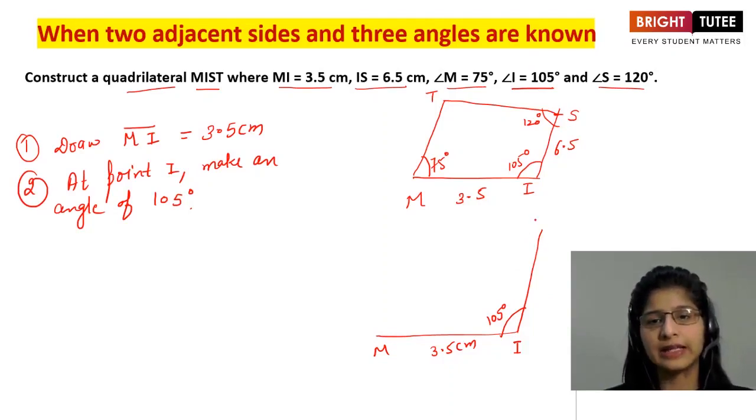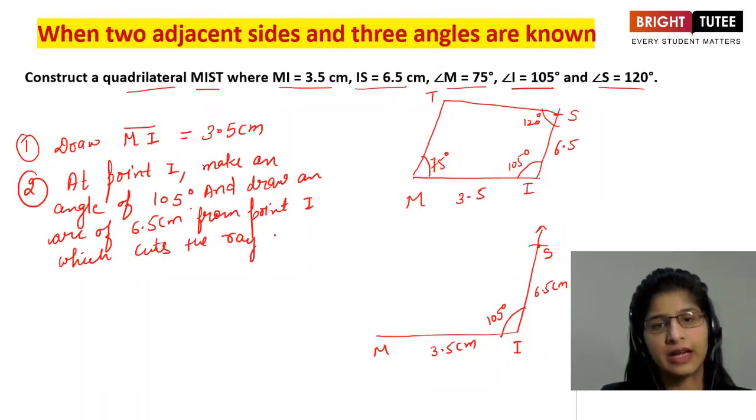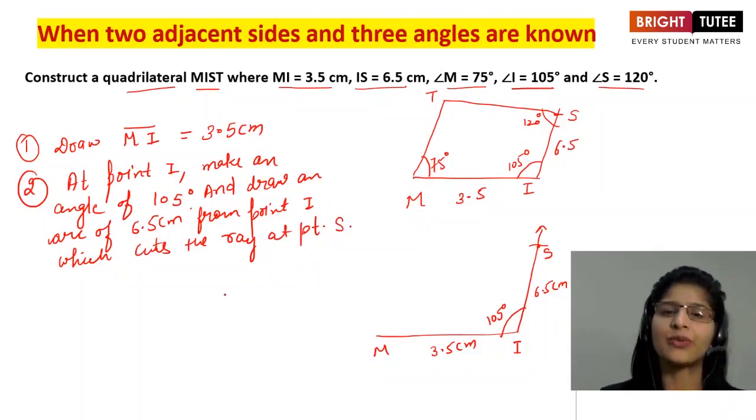Suppose this is the point S that we got, and this is 6.5 centimeters. So in step 2 we write: draw an arc of 6.5 centimeters from point I, which cuts the ray at point S. So we have got our point S.